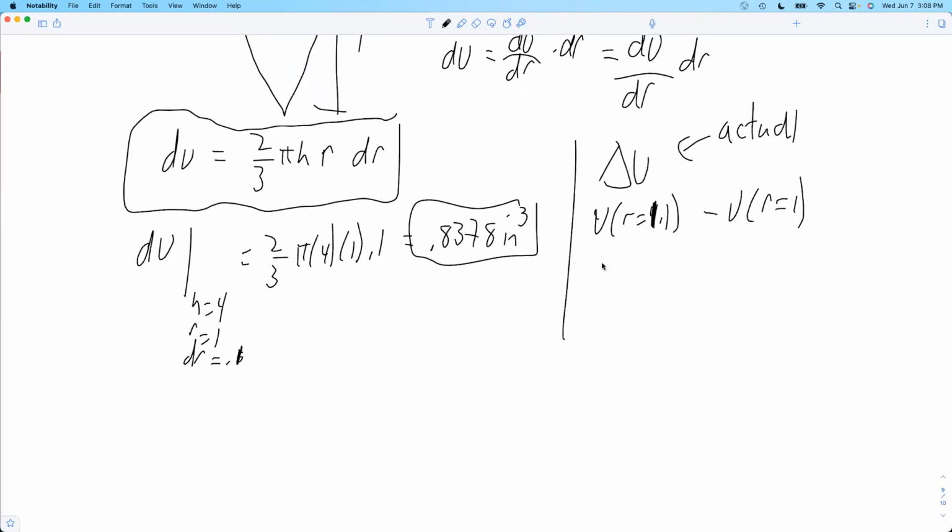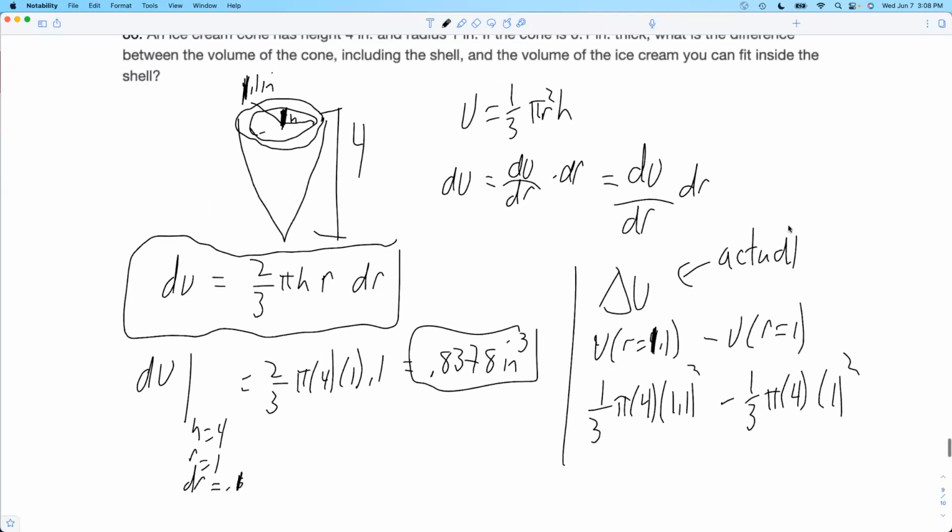So both of these, that would be 1/3 pi times H times 1.1 squared minus 1/3 pi H times 1 squared, using the formula for volume.